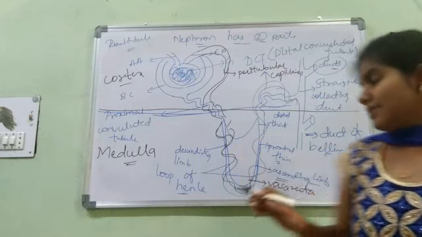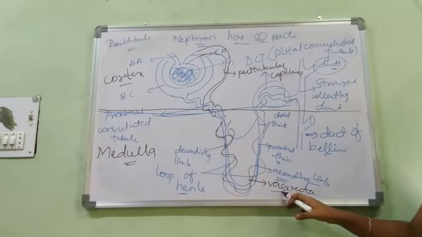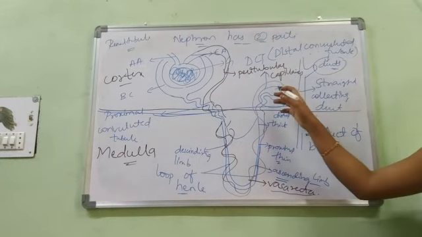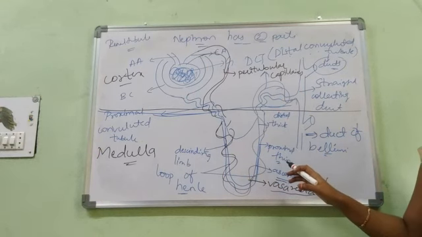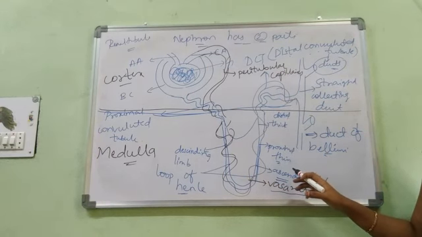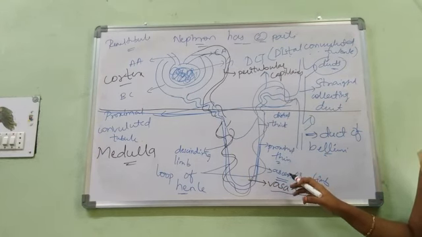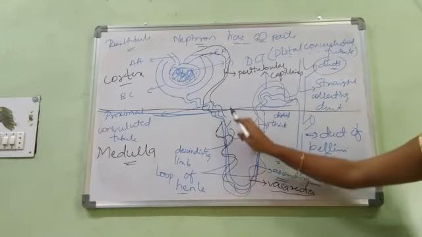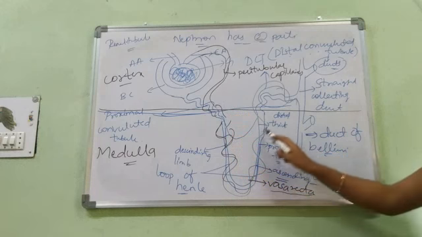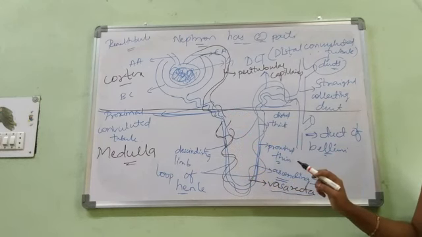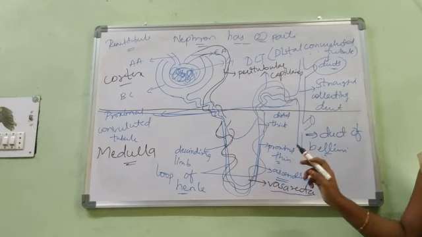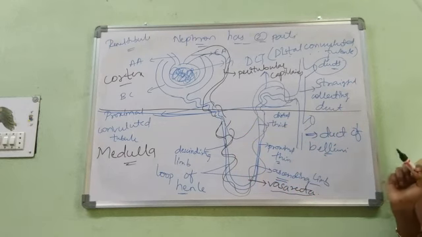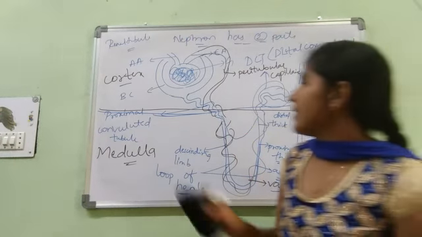Note down this, friends. This is most important. Now, the vasa recta is highly present in the juxtamedullary nephrons, while it is much reduced in the cortical nephrons. So that is very important.